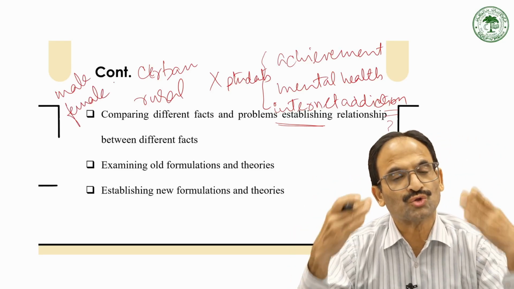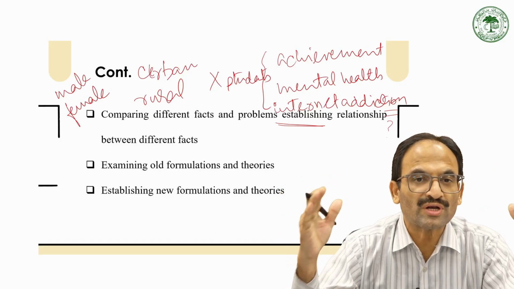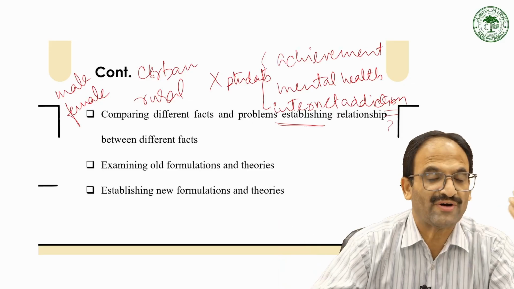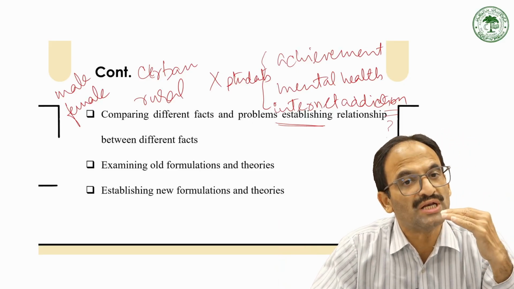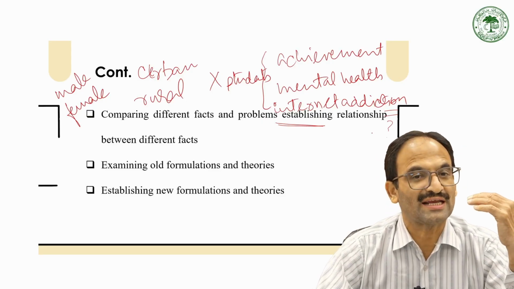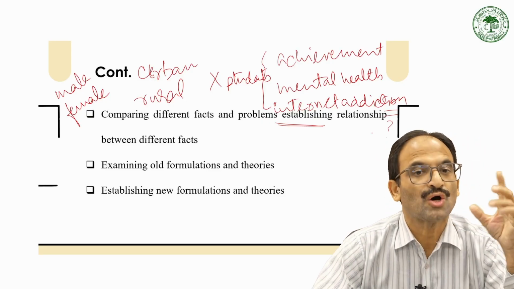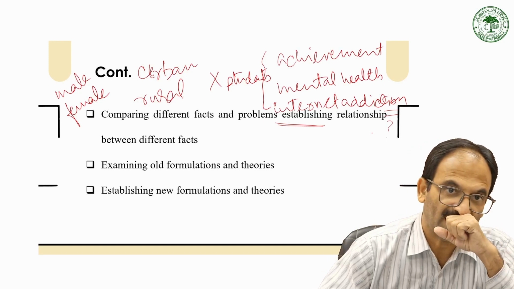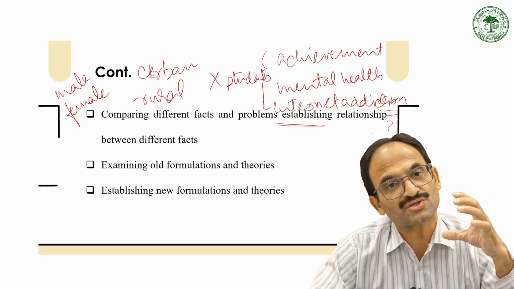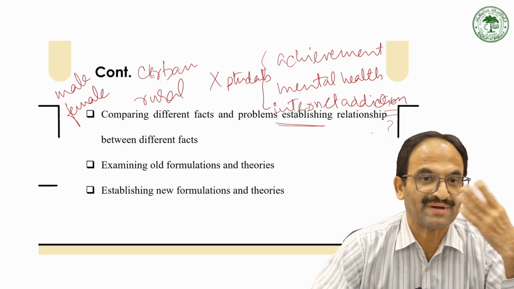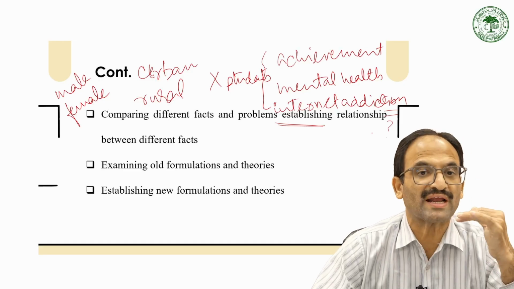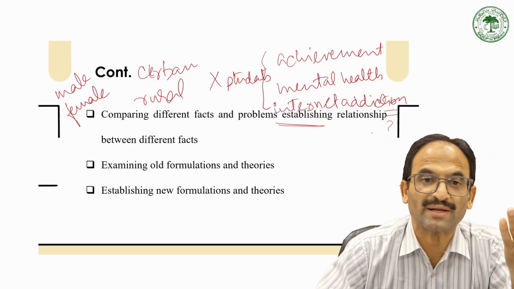I compared those students who live in nuclear families and those students who live in joint families. I found that those students who lived in joint families have less addiction in comparison to those students who live in nuclear families. By and large, the level of addiction of rural students was less in comparison to the urban students. By and large, I found that female students were less addicted in comparison to their male counterparts.